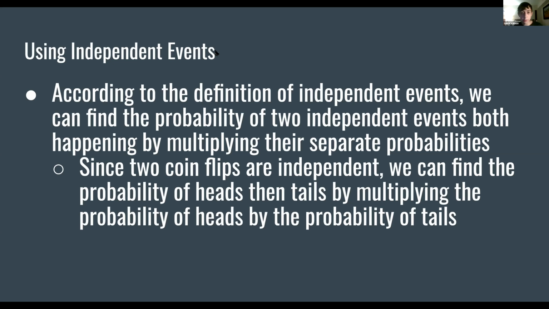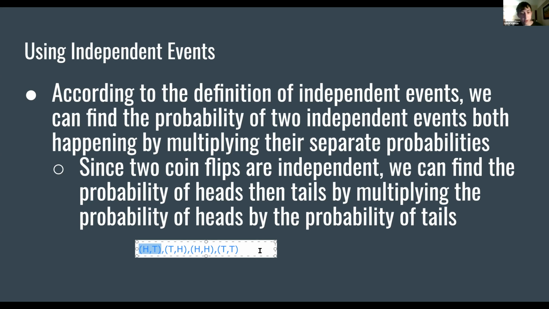If you want to count them out, it would look like, well, we could get heads then tails, we could get tails then heads, we could get heads and heads, or we could get tails then tails, right? And so heads and tails is this case, and that's 1 out of 4.